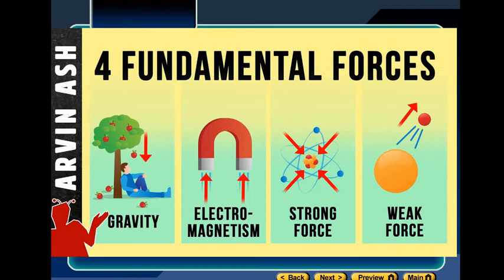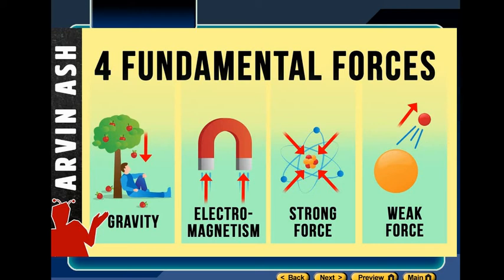But in fact gravity is the weakest one, and you can understand that when we have a magnet that can attract something. Sometimes a very huge electromagnet can easily attract a car and take the car.